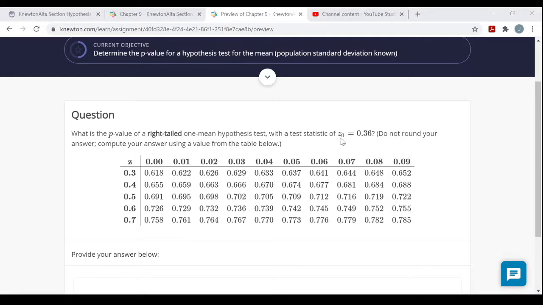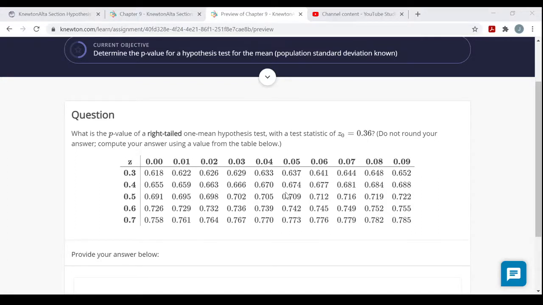The test statistic for our sample mean was this z-score, z equals 0.36. So our sample mean is 0.36 standard deviations above the assumed population mean from the null hypothesis, whatever that is. And it says, do not round your answers, compute your answers from the table below.